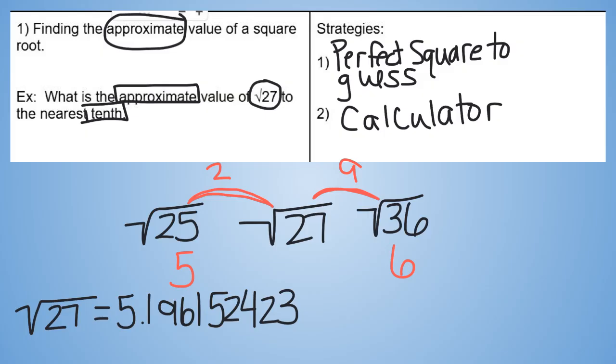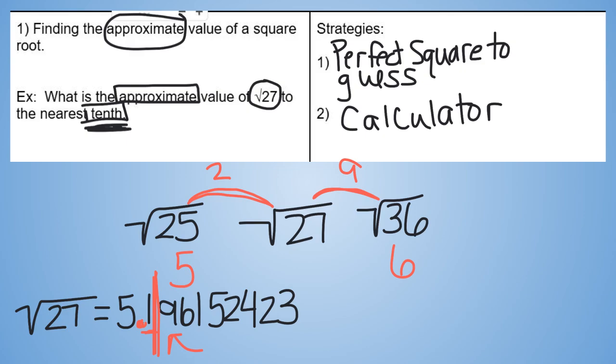So now we're in rounding land. I need to the nearest 10th. So I'm going to find the decimal and my first digit. And then I'm going to cut my number off after that. I look at the number right after that cut line. If it's a 0, 1, 2, 3, or 4, I get rid of it. It's not big enough to make any difference.